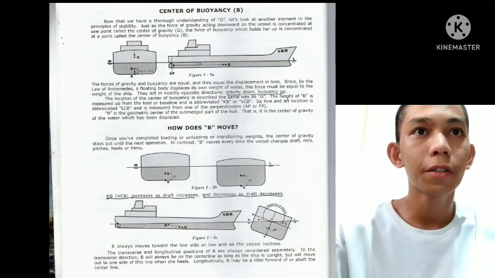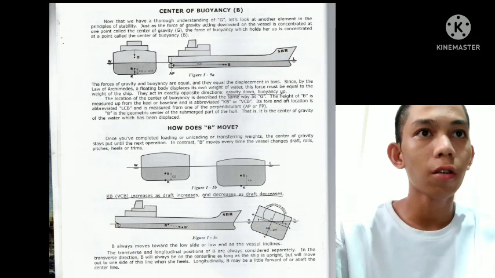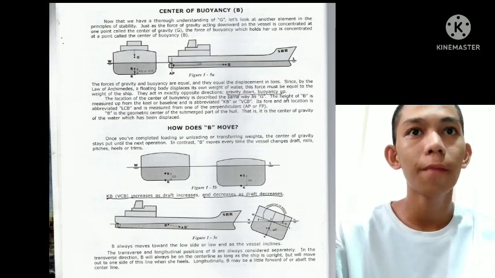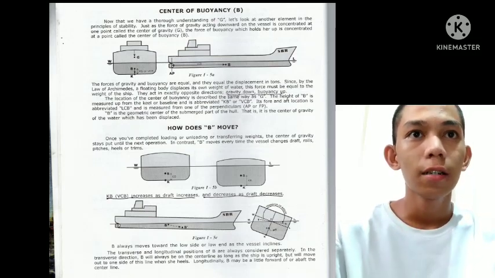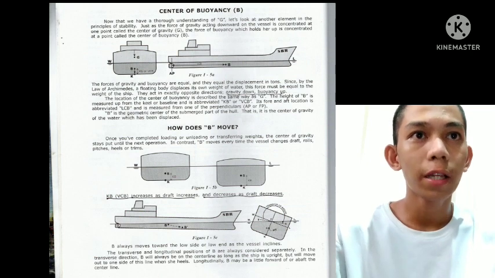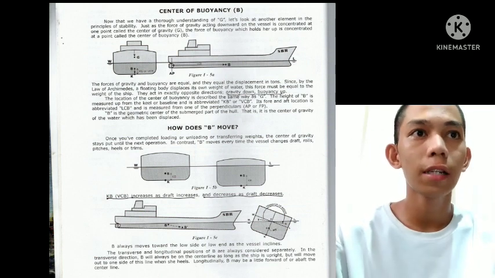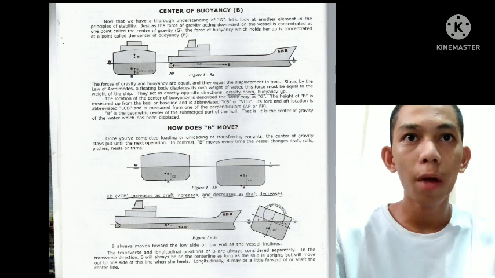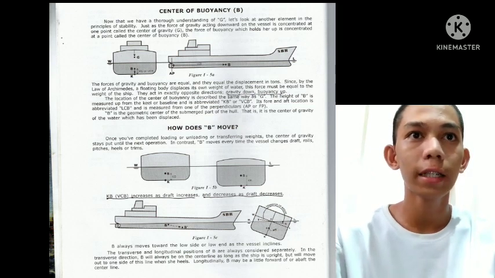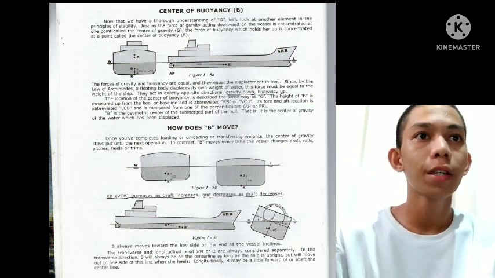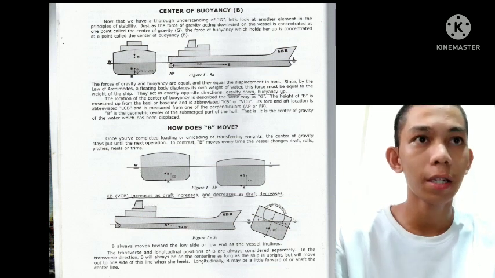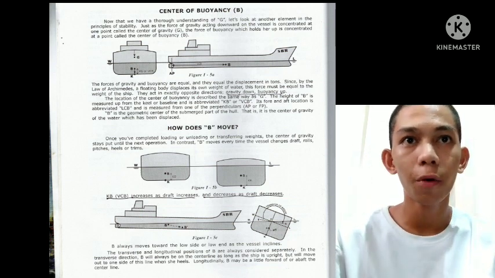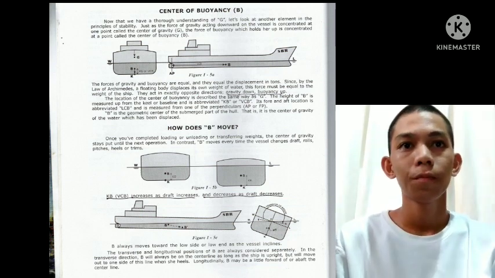Center of buoyancy. Now that we have a true understanding of G, let's talk about another element in the principle of stability. Just as the force of gravity acting downward on the vessel is concentrated at one point called the center of gravity, the force of buoyancy which holds her up is concentrated at a point called the center of buoyancy.